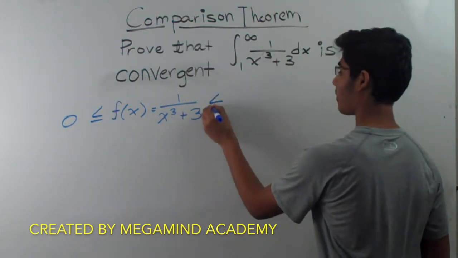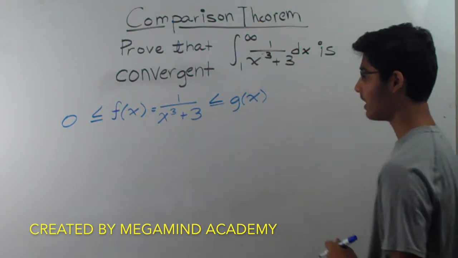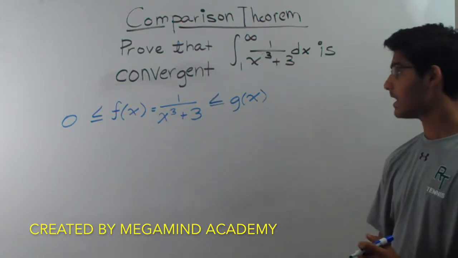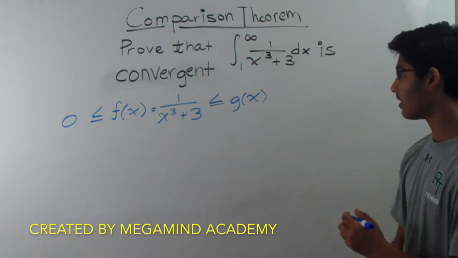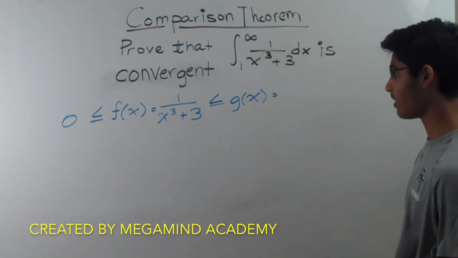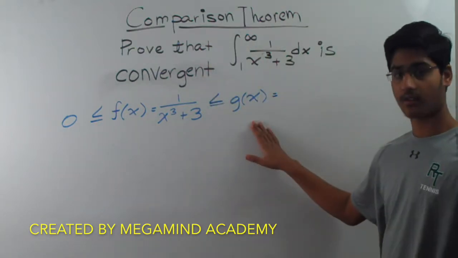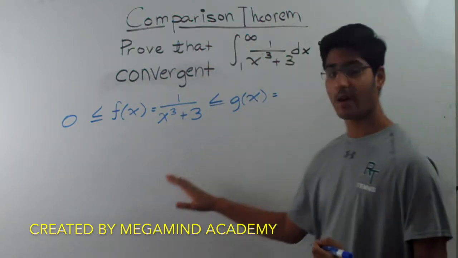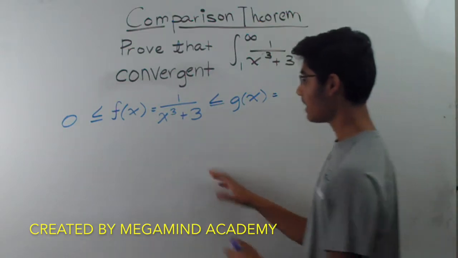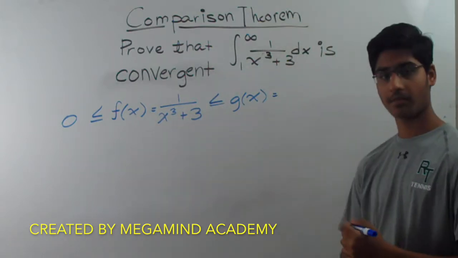And now we need to find a function, g of x, that f of x, which is 1 over x cubed plus 3, is less than or equal to. So let's say a simple function that we know is convergent. To prove convergence, we need to know that g of x is convergent. So we have to find a simple function, which we know is convergent, that is greater than 1 over x cubed plus 3.